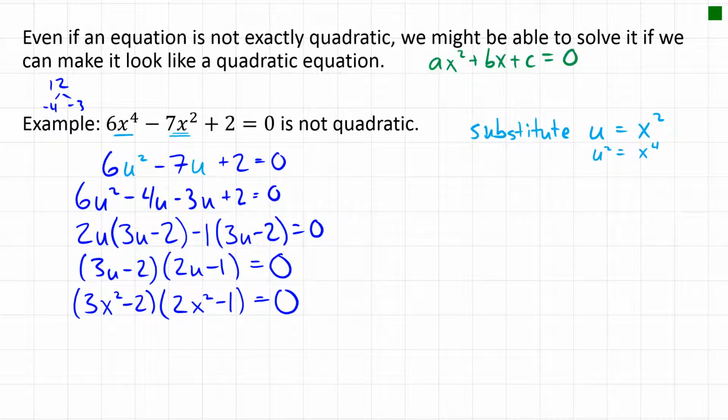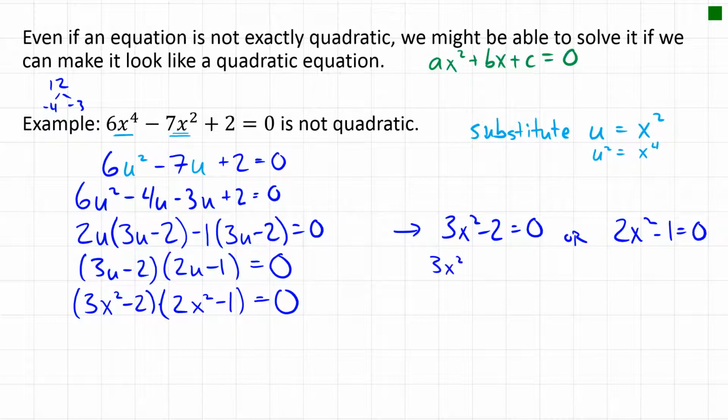So either 3x squared minus 2 equals 0, or 2x squared minus 1 equals 0. We're using the zero product property. However, each of these equations are actually quadratic equations themselves, which can be solved.